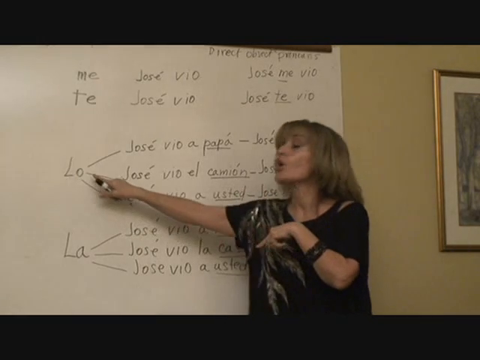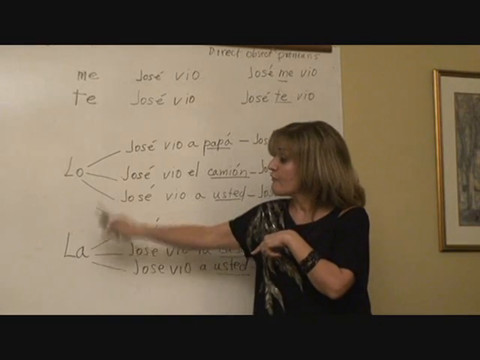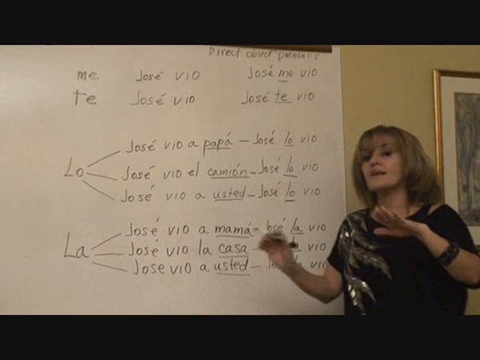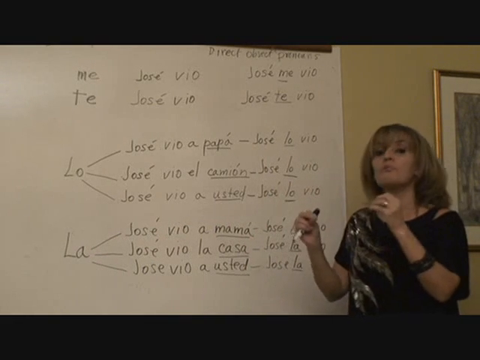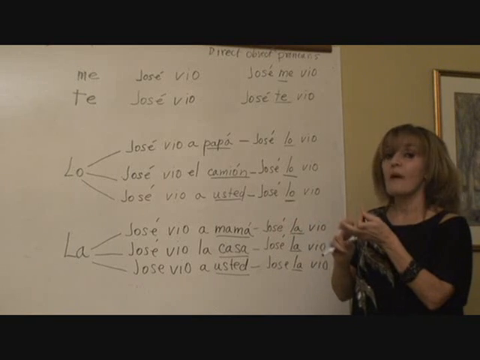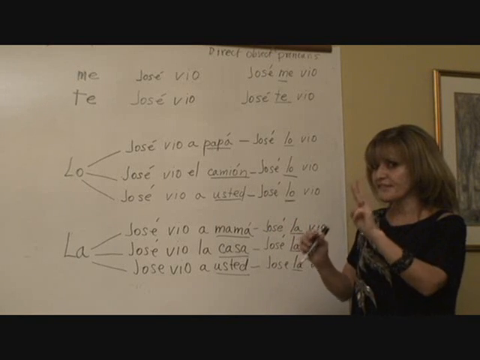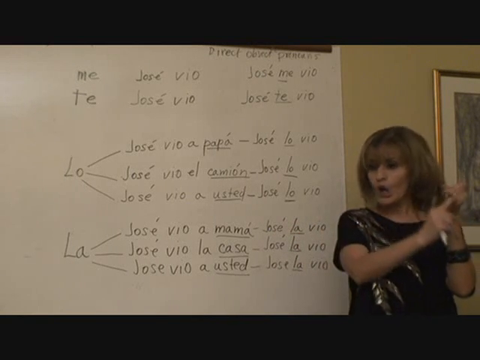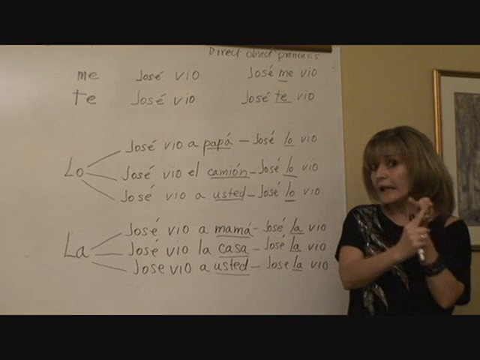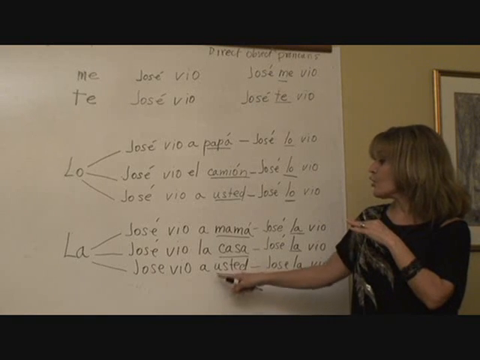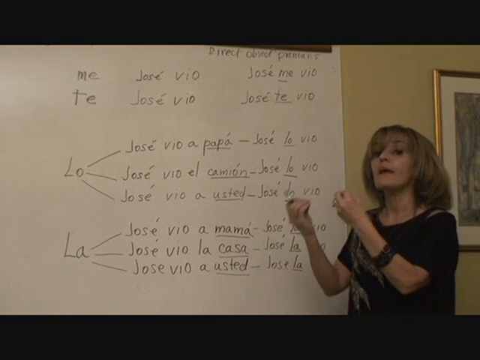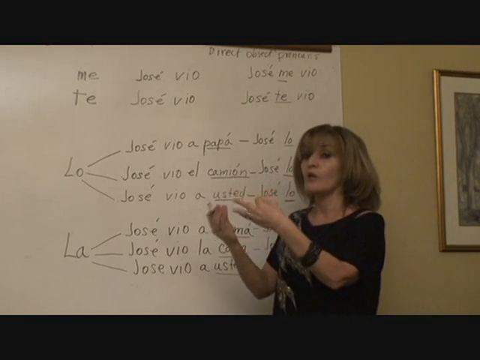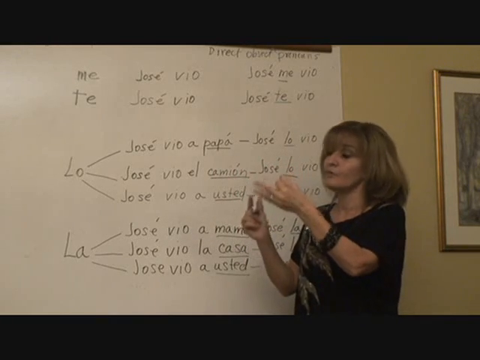That's why we used lo there. For la, the same thing except that it's used for the object pronouns that are feminine. Third person singular still. The her, the it, and usted if I am talking directly to a female that is in authority over me, whom I call usted instead of tú.